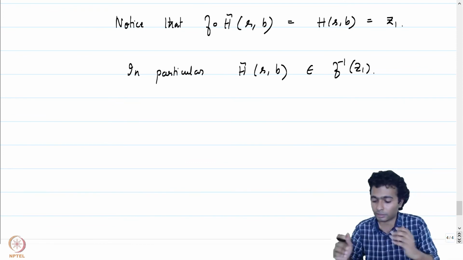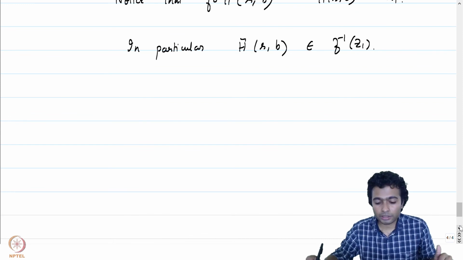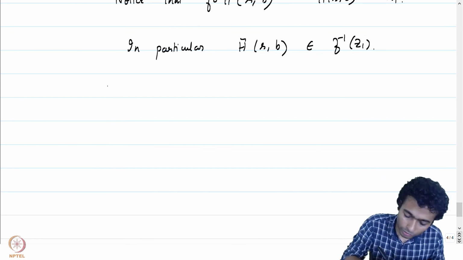So this is going to be a discrete subset of capital Y, and H tilde restricted to 0, 1 cross the singleton B is a continuous map. Let me just note both of them down.